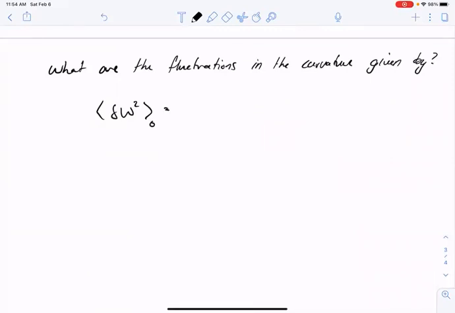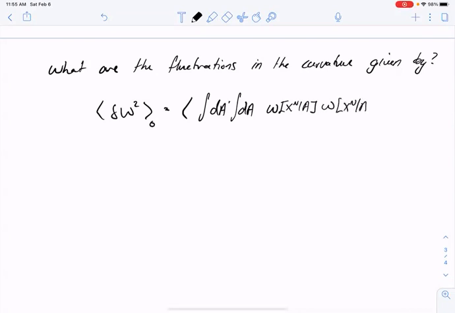So explicitly expanding that out, where in the absence of the force, we expect the average curvature to be zero. Those fluctuations are just given by a double integral over the area. The instantaneous curvature at one point in the area of the membrane correlated with that at another point and integrated over all points on the membrane.